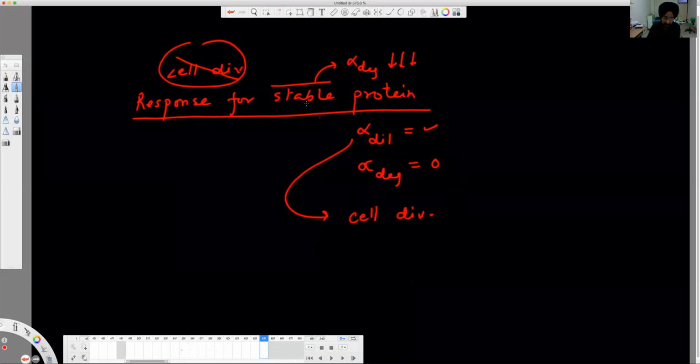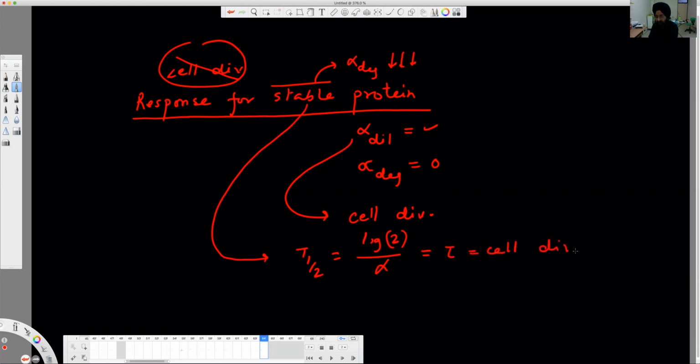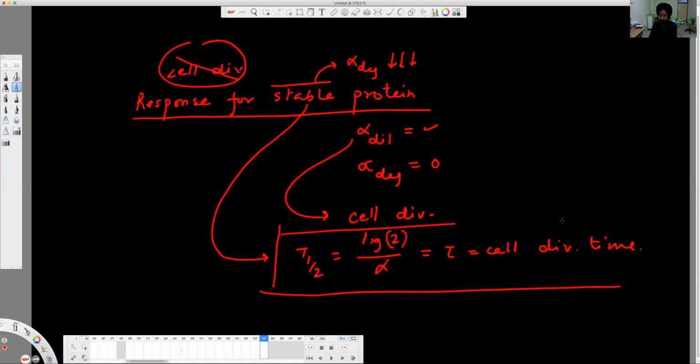So for a stable protein, your response time, which is log 2 by alpha, is equal to the cell division time. Let's say tau is the cell division time. So this is an important fact: for a stable protein, the response time is equal to the cell division time.